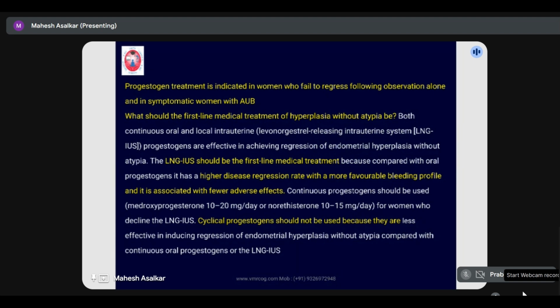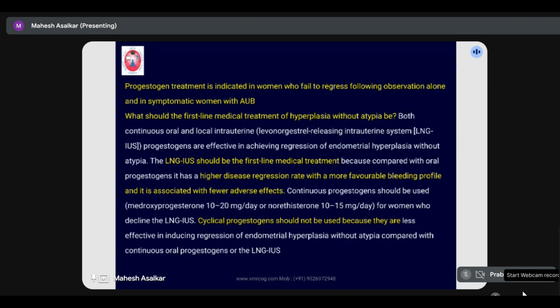One is continuous oral, and the other is local intrauterine LNG-IUS, and both are effective in achieving regression of endometrial hyperplasia without atypia. The LNG-IUS should be the first line medical treatment, because compared with oral progesterone, it has a higher disease regression rate, favorable bleeding profile, and is associated with fewer side effects.